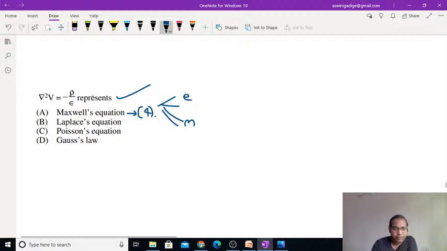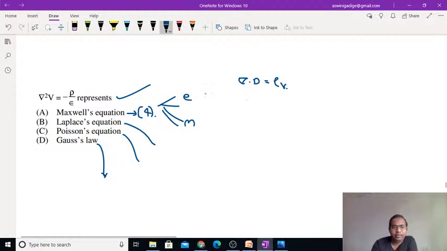So is it any one of those, or else the Laplace equation, or the Poisson's equation, or the Gauss law? Which one is it? Any idea, guys? Coming to Maxwell's equations, in free space we can write del dot D is equal to rho V. It is the Gauss law and it is also one of Maxwell's equations.